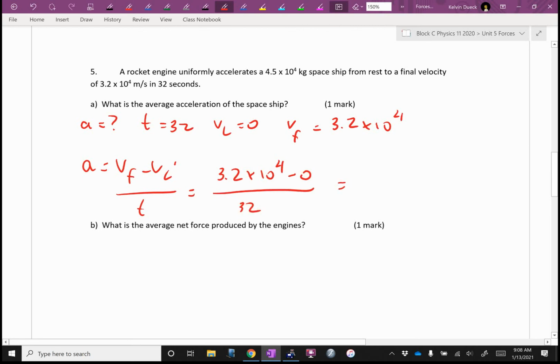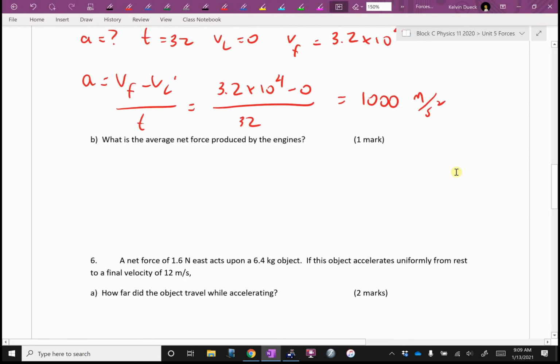I can do that in my head. It's 3.2 divided by 32. Is it 1,000? Even, right? Right around 100 Gs. This spaceship would not have people on it.